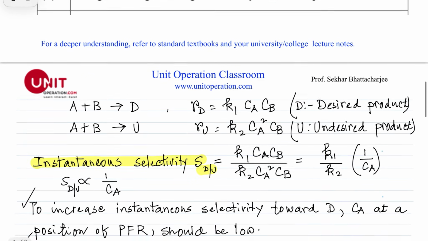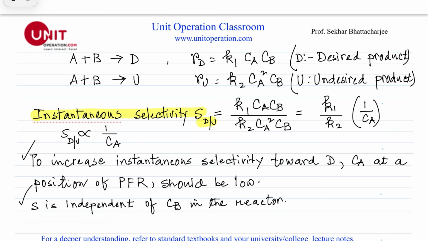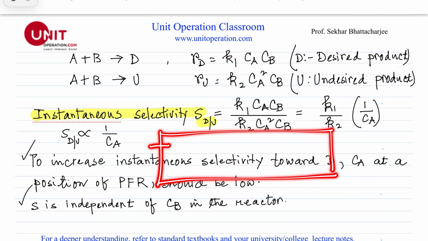So first, let's see how we define the instantaneous selectivity. Of course, we know the concentration of A and the concentration of B keep changing and keep decreasing as the fluid goes along this direction.